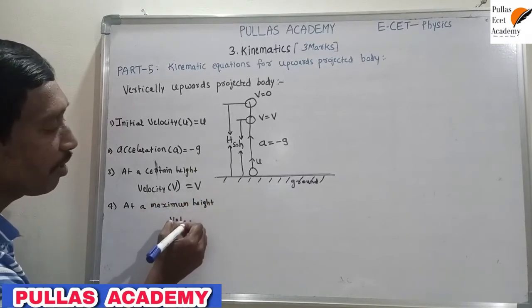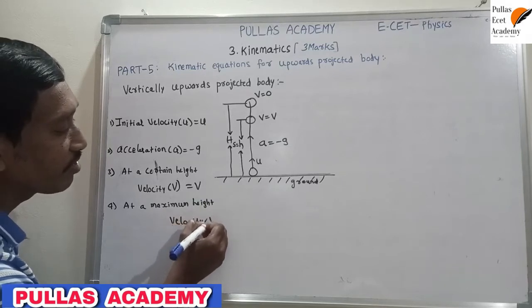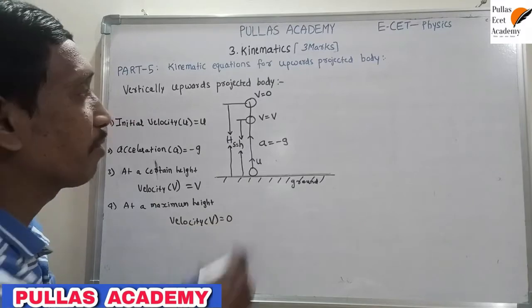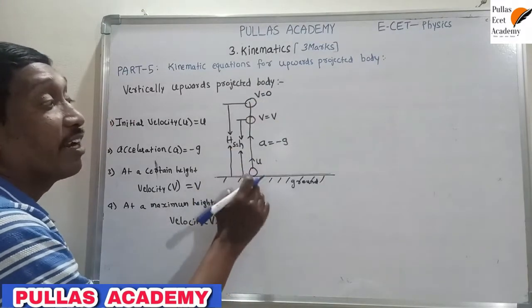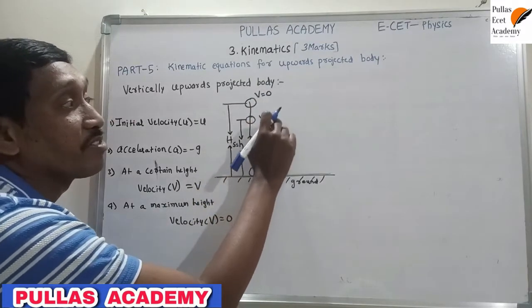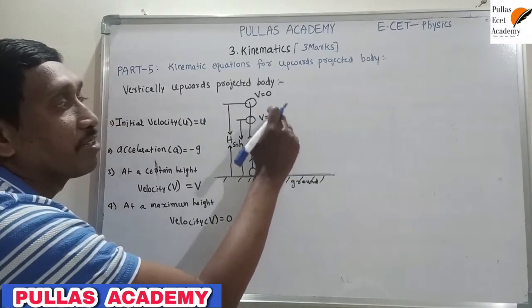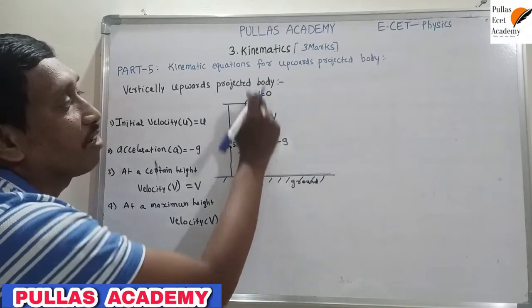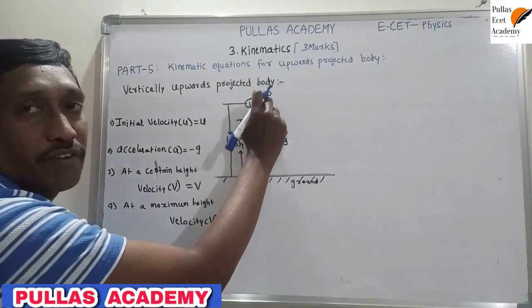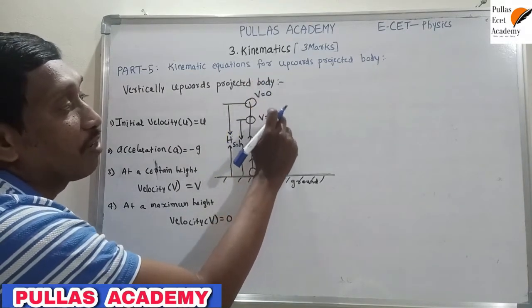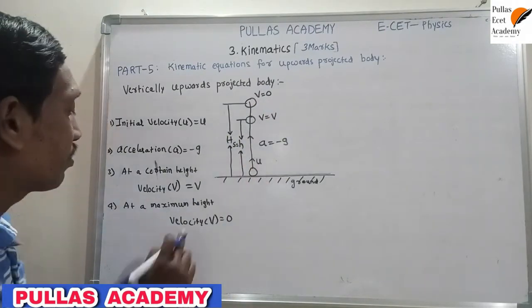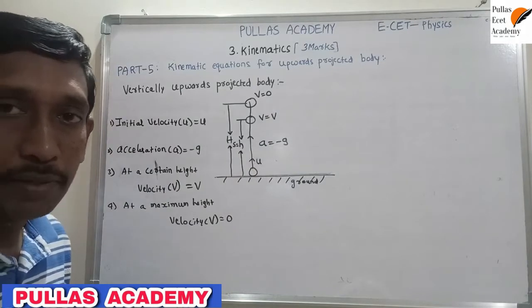At maximum height, velocity v is equal to 0. That's the difference, don't confuse. When it reaches the maximum height, velocity is 0, but at any certain height, velocity is not 0, that velocity is v. But this velocity v is less than the initial velocity u. Why? Because velocity gradually decreases from this value, understood? That's why this velocity is less than u. In this way you have to understand. This is about one more important parameter.